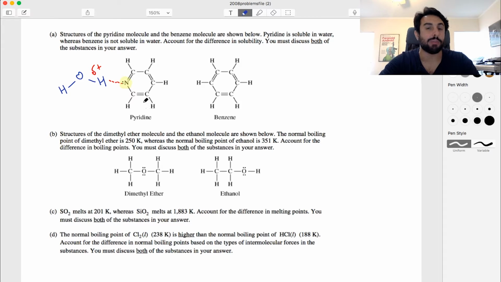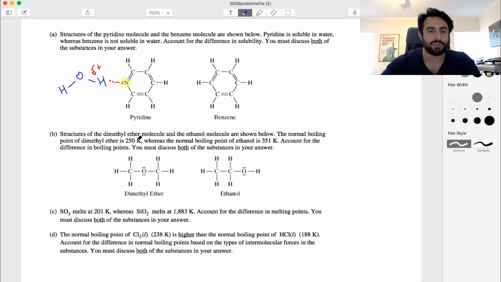So there is a little bit of a dipole now to this molecule, whereas this is strictly nonpolar. And then in addition, we can get these hydrogen bonds where we've got a lone pair interacting with the hydrogen atoms on the water molecules. So that's why pyridine is water soluble, whereas benzene is not.